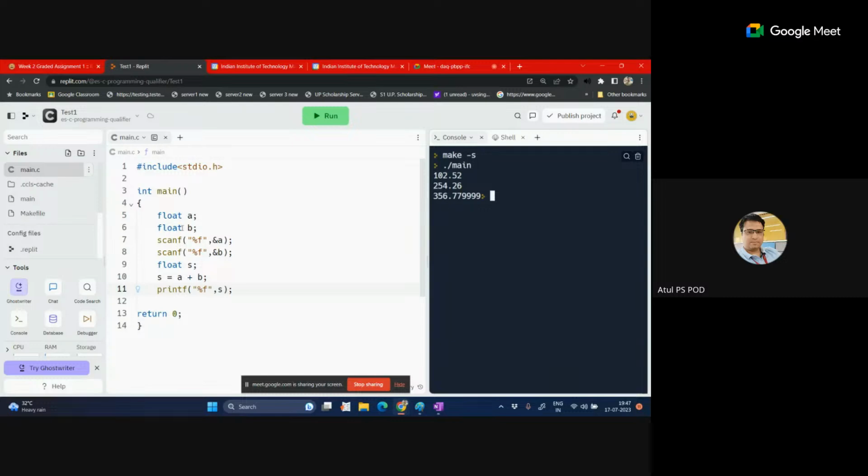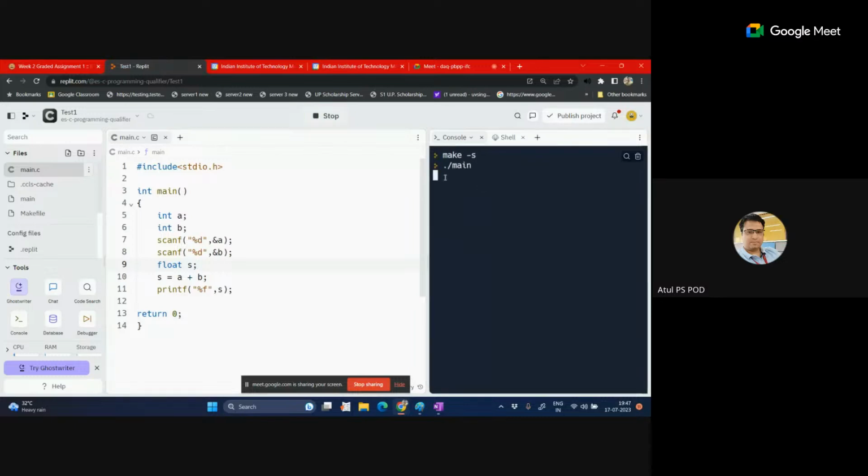Okay, what happens if I don't change this? So int, I'm writing here int, and I'm writing d here. And then let's see what it is taking.